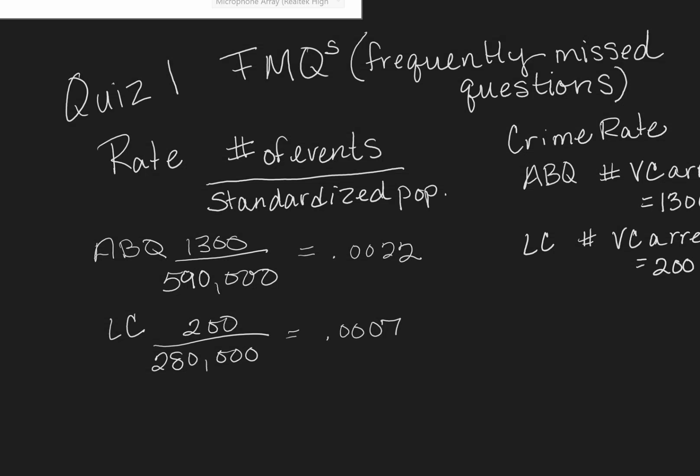We do that math to determine how much violent crime there is essentially per person in Albuquerque and Las Cruces, but I said per 10,000. So here are the numbers we get from taking the violent crime arrests divided by the population. Now we want to know what it is per 10,000, so we multiply this proportion by 10,000.